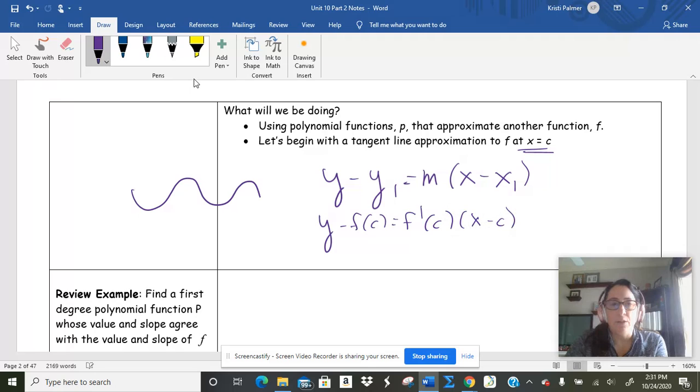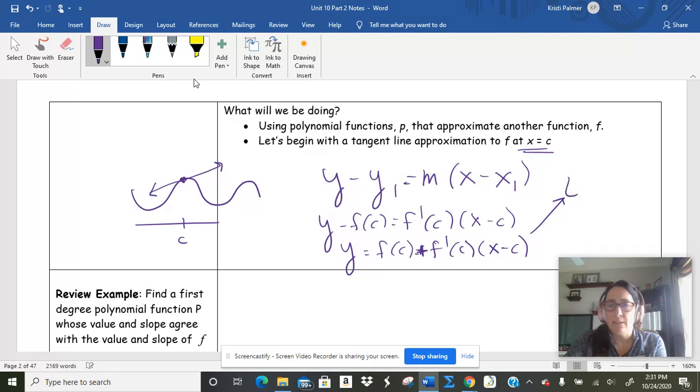And I could bring this over, and maybe this is where my c value was, and so I made my tangent line right here. Okay, so basically when I went and solved for this, oops, sorry, that's a plus right here, when I solved and got this tangent line, that's linear.